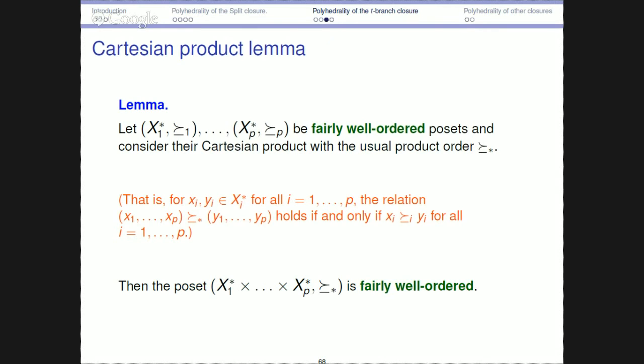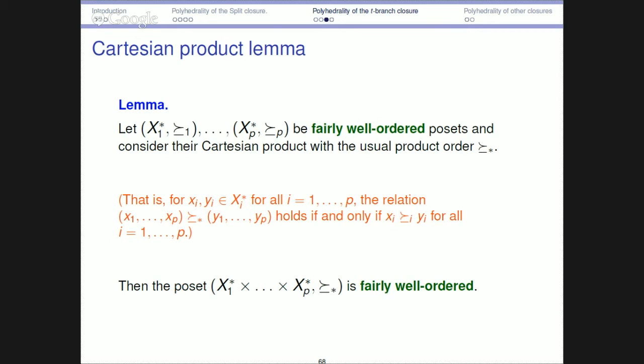If you have P different partially ordered sets, so different sets with different orders, and you consider the Cartesian product of these sets, with the partial order defined component by component, if the original sets were finitely well ordered, meaning that they satisfy this Gordan-Dickson kind of property, then this Cartesian product is also finitely well ordered. So there is always a finite dominating subset.